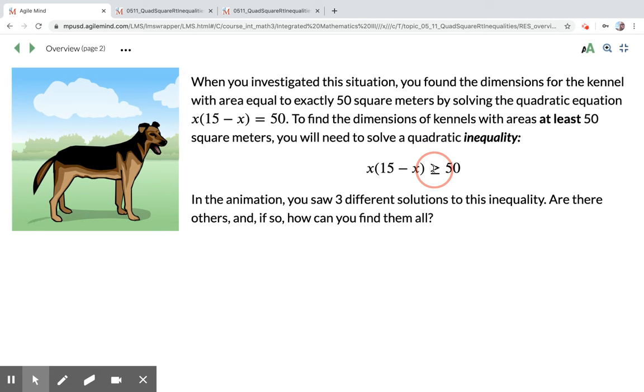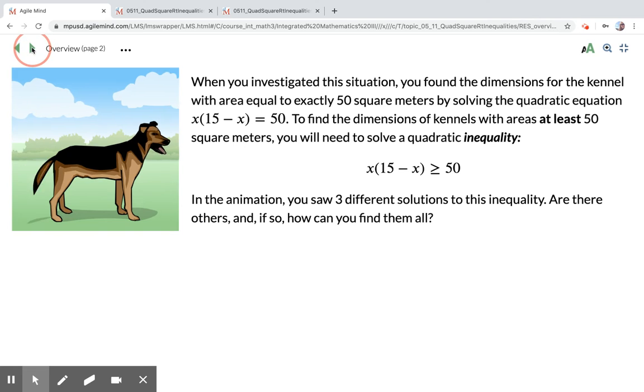Less than, greater than, less than or equal to, greater than or equal to. So I'm okay if this is greater than 50. I'm okay if this is equal to 50. I just don't want it to be less than 50. It's the only thing I don't want. So there's a lot of inequalities, a lot of possibilities, a lot of things that together could give me more than 50. That's interesting. There's a lot of solutions then.